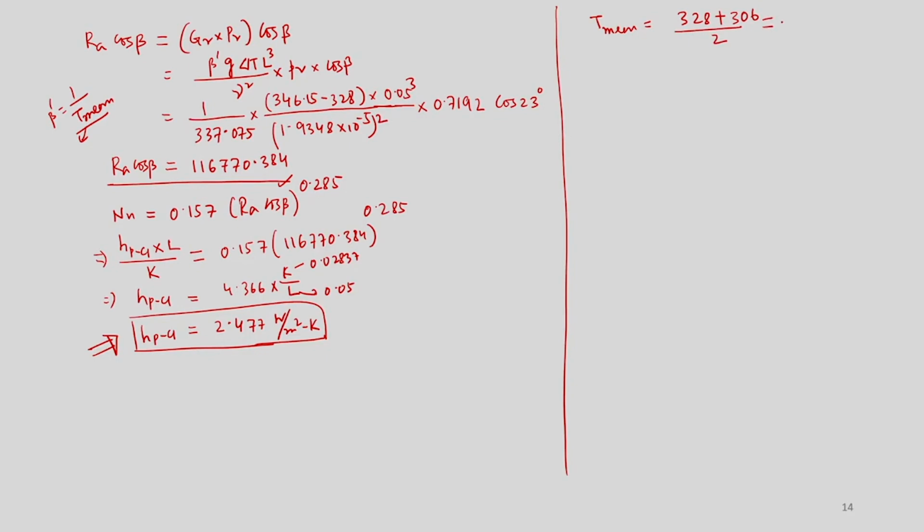So, which will give us a value of 317 Kelvin, right, and which is nothing but 43.85 degree C. Okay. So, this is the temperature. So, now properties of air need to be taken at a temperature of 43.85.